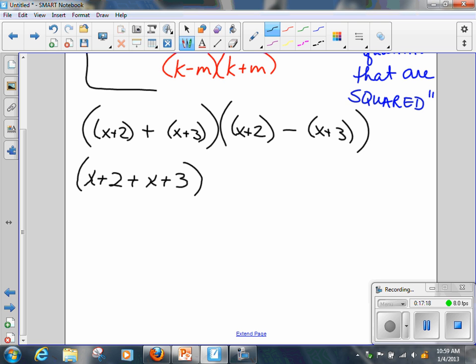Why can I not do it on the next one? Because it's subtraction, okay? Check this out. Remember, I've got to distribute that negative sign, and it's going to become x plus 2 minus x minus 3. All I did was distribute that invisible negative 1 right here.